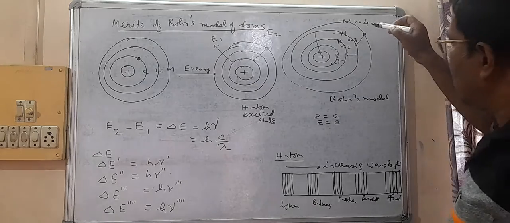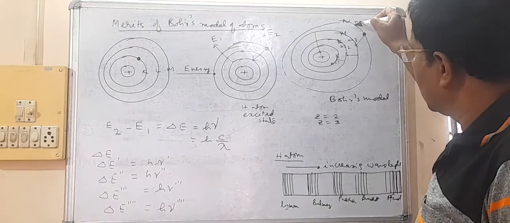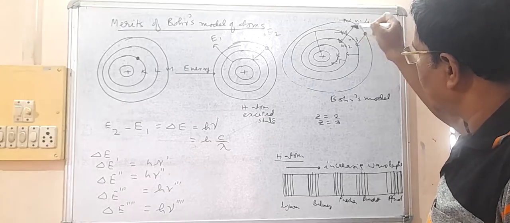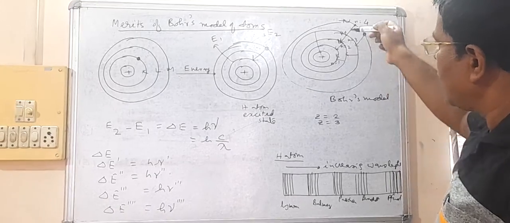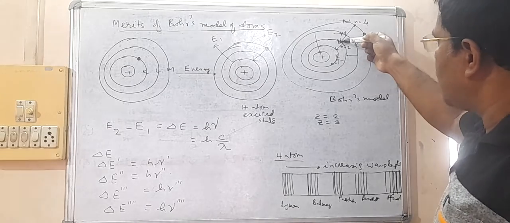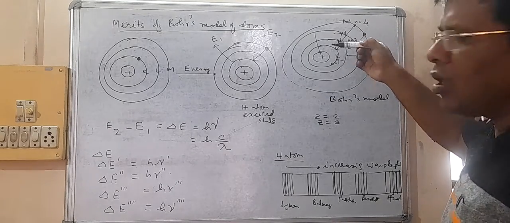On the other hand, if it comes directly from here to here first, and then from here to here, then for this one frequency will be involved, and for this another frequency will be involved.